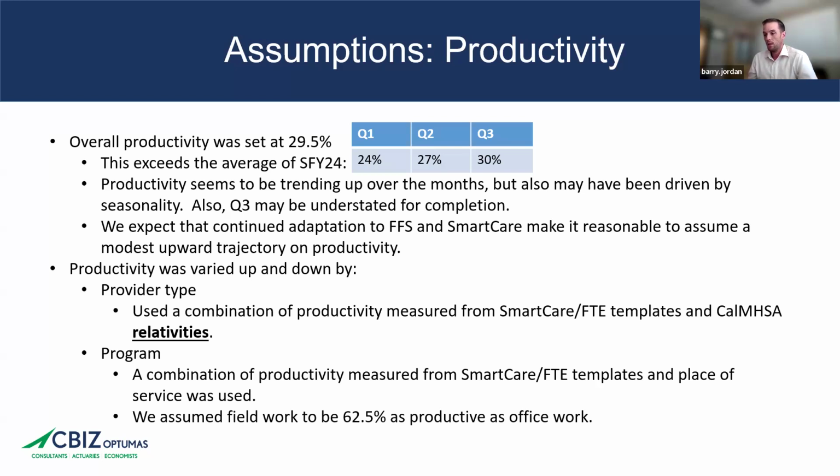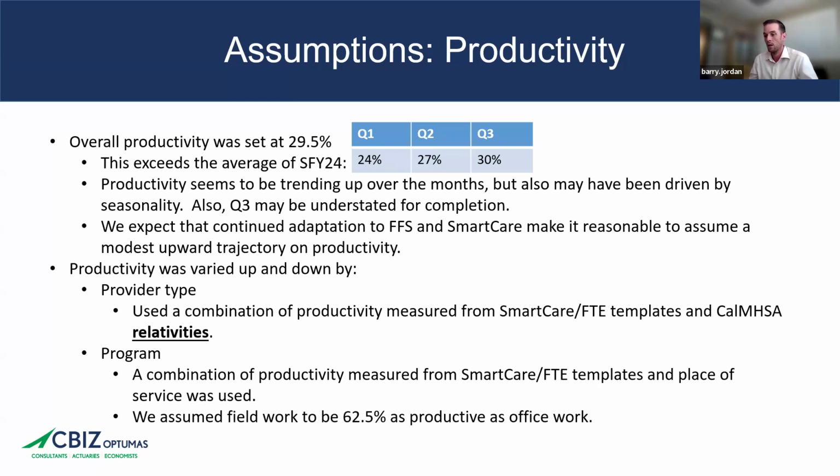So productivity was varied up and down, and this is essentially varying off of that 29.5% overall target, up or down, depending on the circumstance. At the provider type level, we used a combination of productivity that was measured directly from the Smart Care and FTE templates, and then also CalMesa relativities.